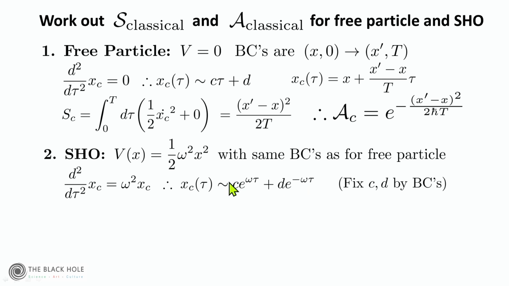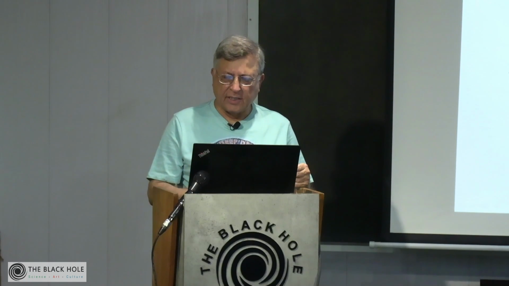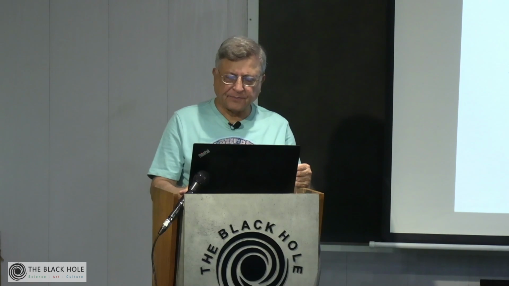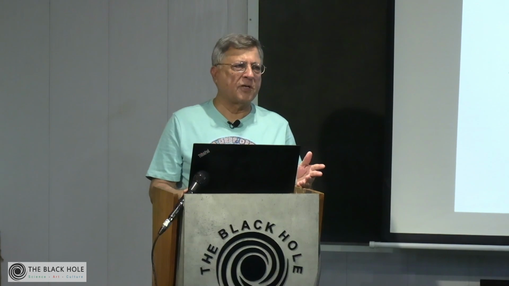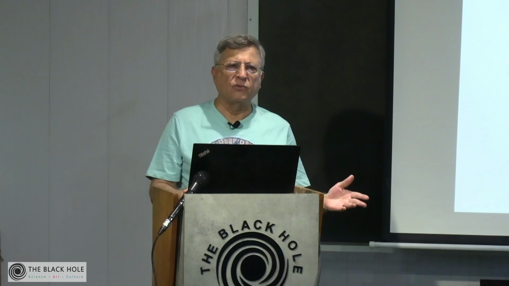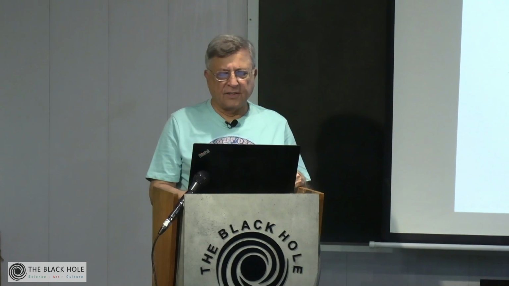And then we fix c and d using the boundary conditions that at t equal to 0, tau equal to 0, I keep saying t, but it's the same thing, that the particle is here and then is here. So we have these two conditions, these fix c and d, and I'm not going to do the algebra because you'll get bored with it. Just fix c and d this way and calculate the action. It's just a little bit of algebra, and you can actually do this in 5 minutes.